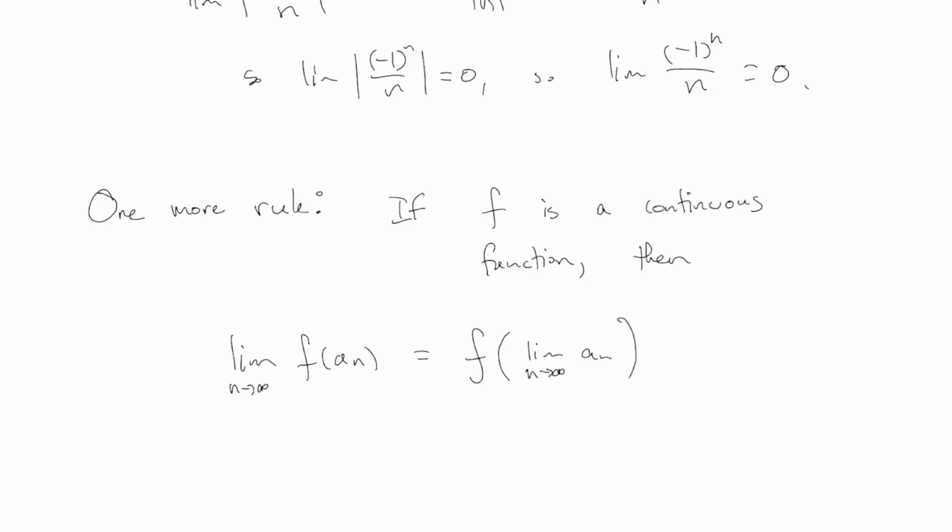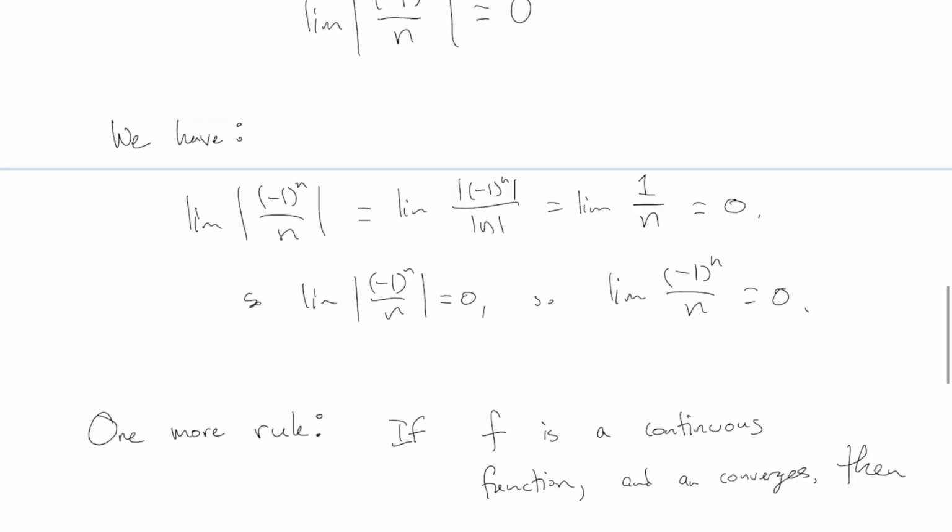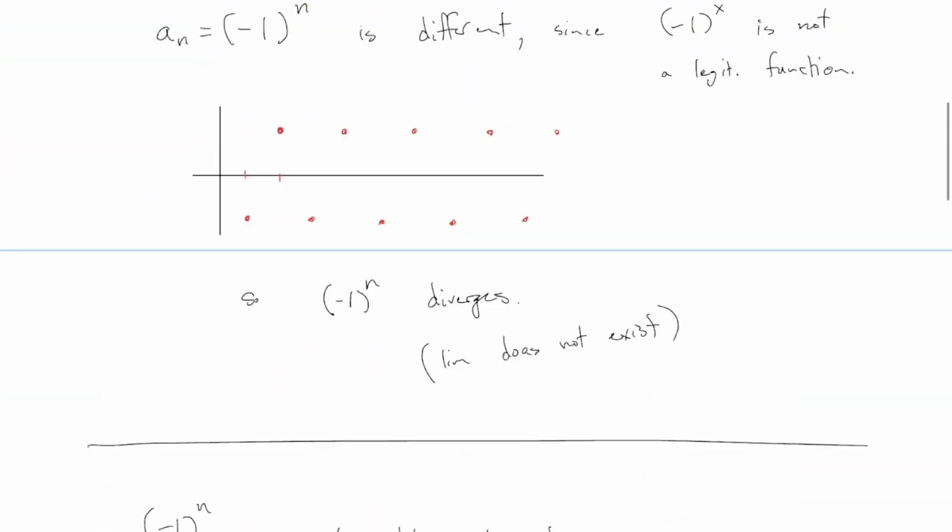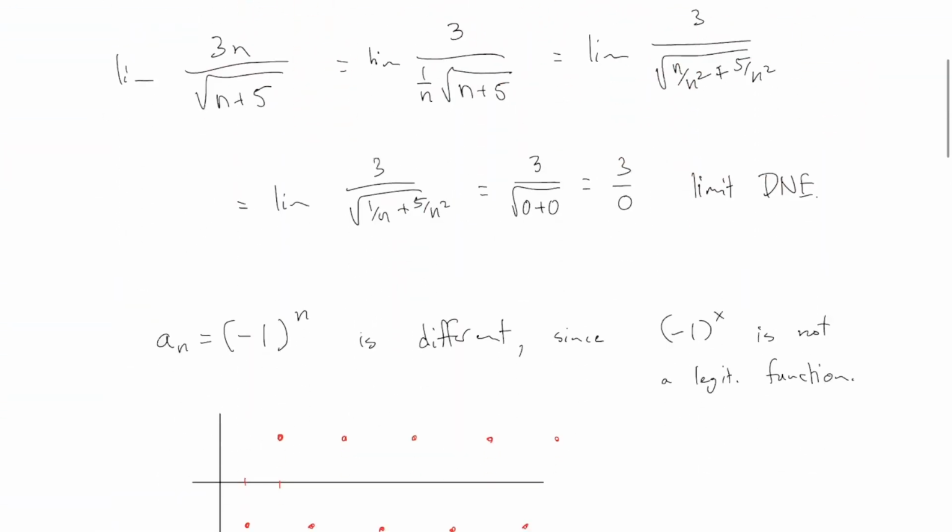So if f is a continuous function, and a_n converges, then this is true. You can push the lim inside of a function. All right. Did anyone notice when I did this earlier? Probably not, but it was right here.